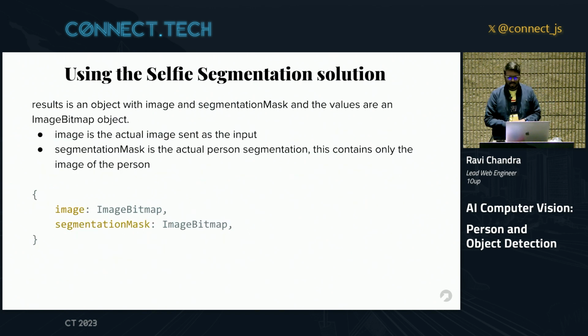And the result which our on results callback receives is just one object with two properties, image and segmentation mask. Image is again what we have inputted into the model itself, and segmentation mask is where it gives you an image bitmap which actually masks the people in that image.